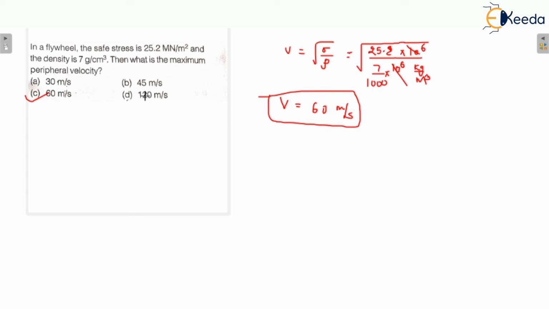For this type of questions based on the design of the flywheel rim, you just have to learn the formula first of all. Then we can rearrange the terms according to the questions. But the first thing is that you must remember the formula, that is v is equal to under root of sigma upon rho.